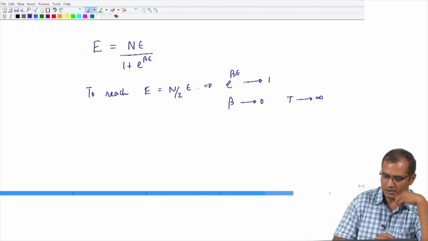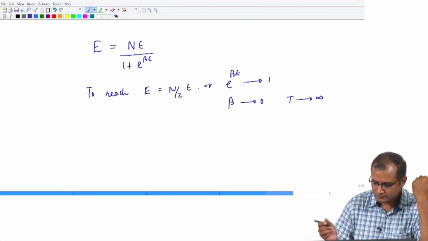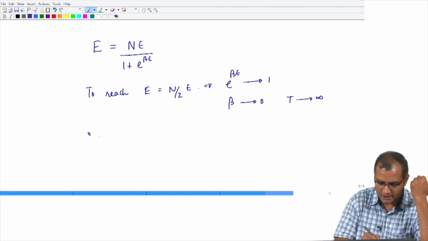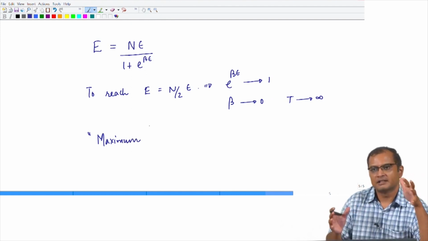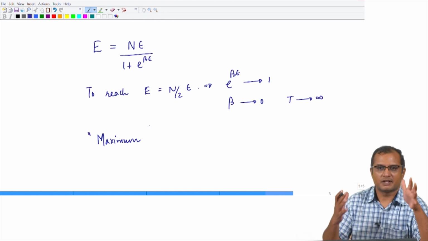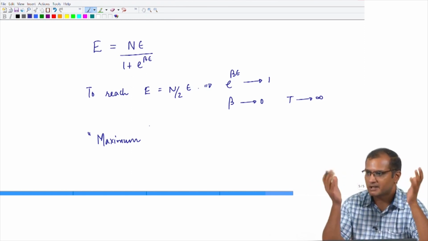So the conclusion here is that in 2 level systems, if you connect it to a thermostat, only at infinite temperature can you push half the number of particles into the excited state.